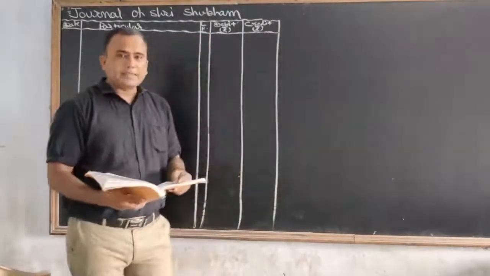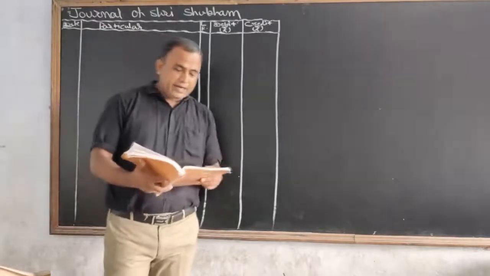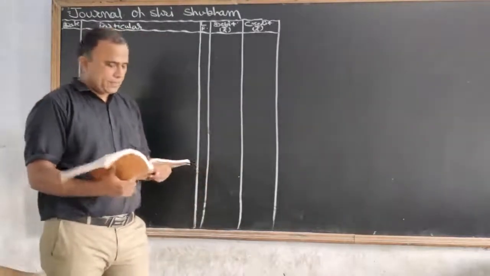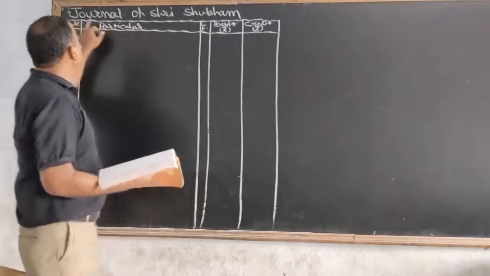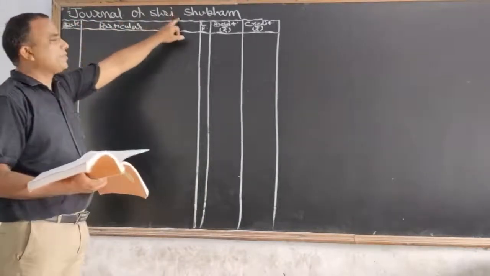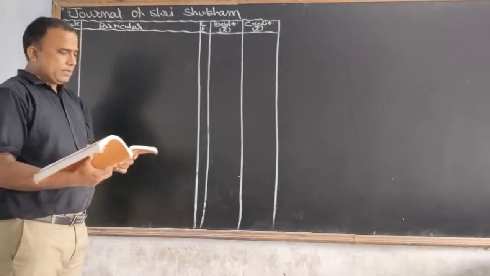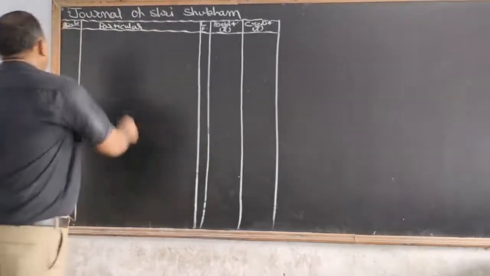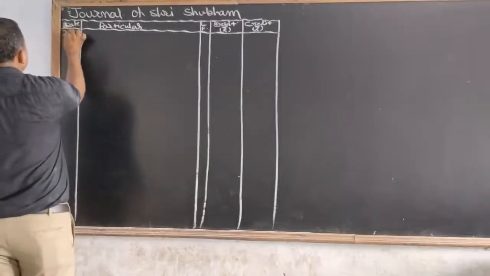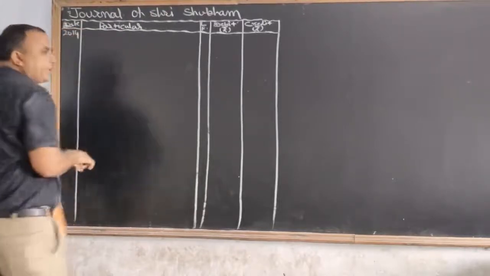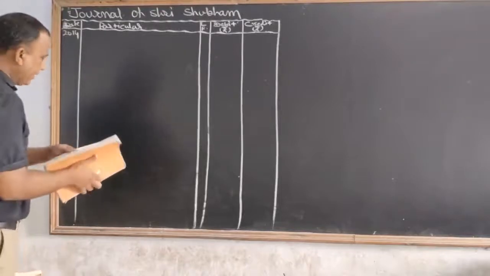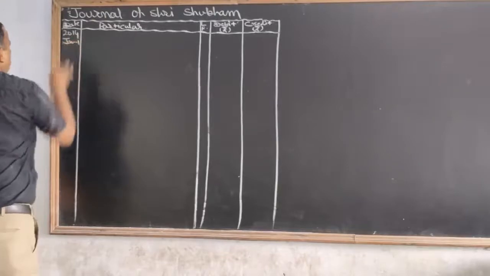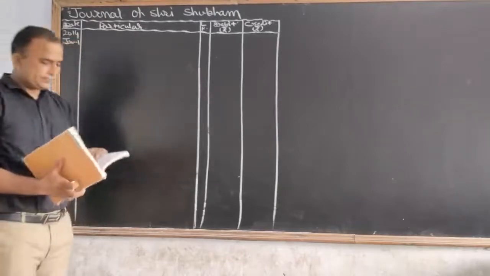Like question number 6, write the journal entry for the following transaction in the book of Shubham. So first we record the heading, Journal of Shubham, 2014, January 1.